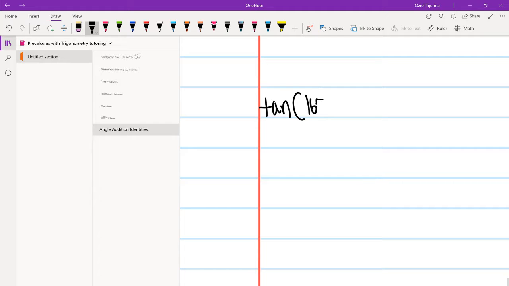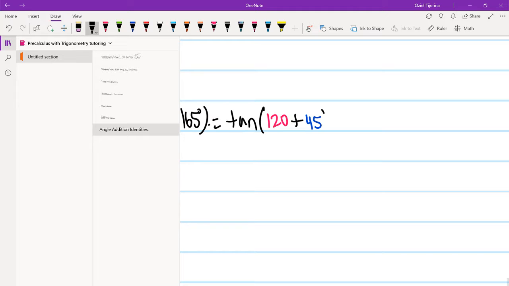I'm going to do it in different colors so that you guys can understand what I'm doing. And we're going to do the tangent of x plus y. So it's going to be tangent x, tangent y. So it's going to be tangent of 120 times tangent of 45.